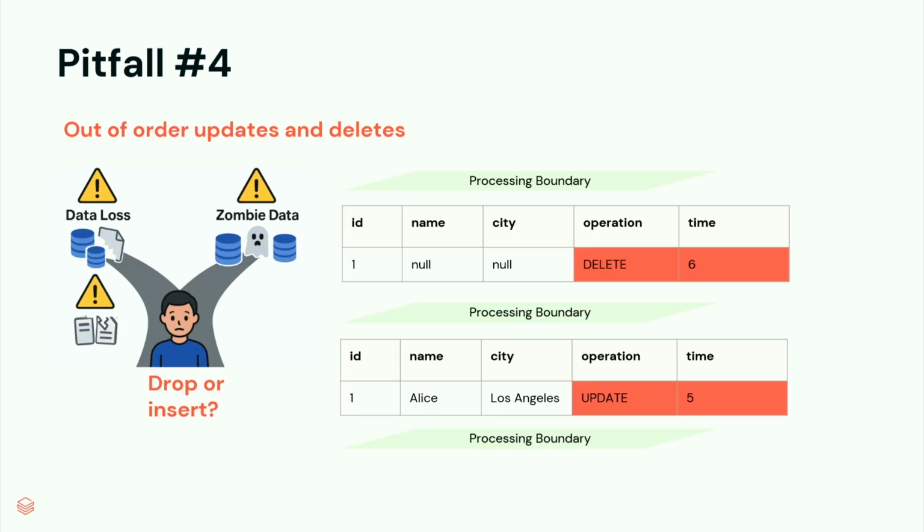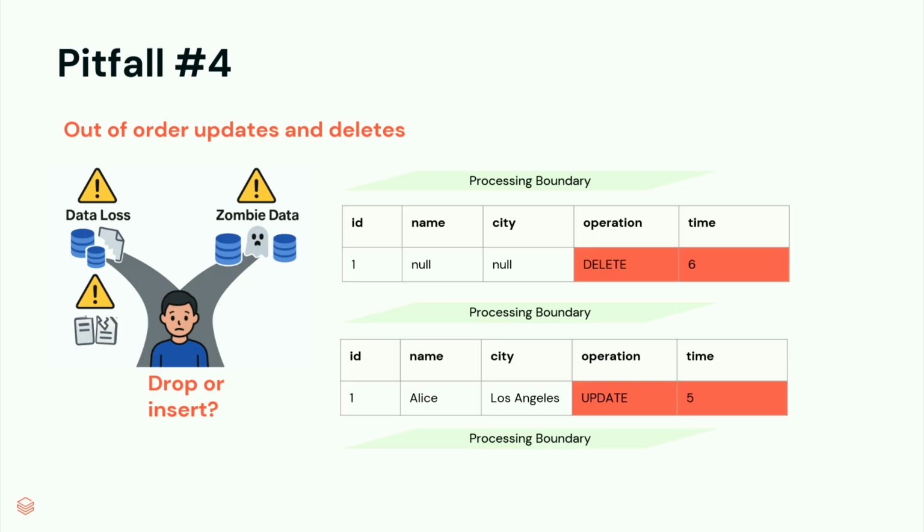But what if there's another insert event arriving late, at timestamp, let's say, 5.5, that hasn't arrived yet, that will eventually put Alice's location at Los Angeles? So if I just simply drop the data, I might have data loss. So it's one way or the other, you're going to get the wrong results.